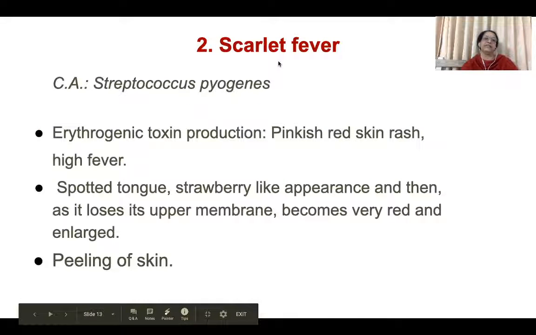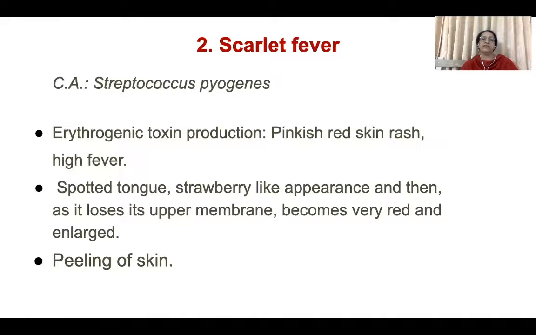Next disease is by Streptococcus pyogenes, and here name of disease is scarlet fever. This organism, which is gram-positive cocci-shaped organism present in chains, produces erythrogenic toxin, because of which there is a high-grade fever as well as a pinkish red colored skin rash all over the body.